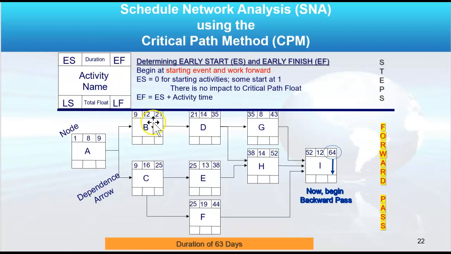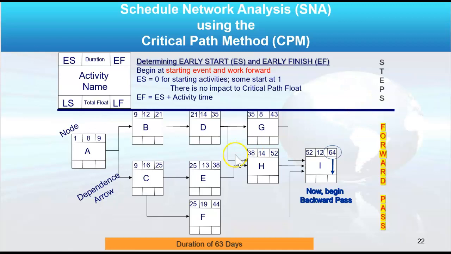That's where that's at. And so it's going to have an early finish of 21 days. But C, which also starts on day 9, the early start, has a 16-day duration, so it will finish on day 25. And you continue to do this over the top. It's called a forward pass until you get to the last day.